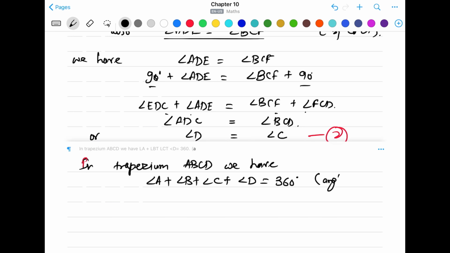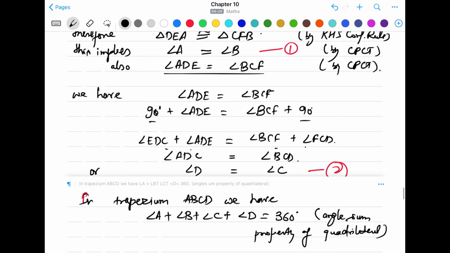This is the angle sum property of a quadrilateral. For any quadrilateral, the sum of angles is 360 degree.